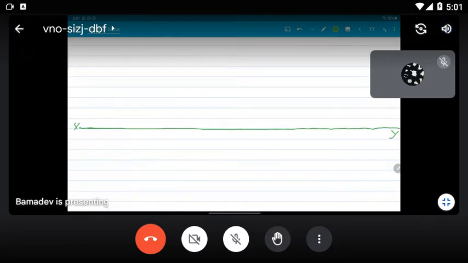Using the point projection, you draw the projection of point A. The location of point A is described, just tell me, with respect to horizontal and vertical plane. 30 millimeter in front of VP and 40 millimeter above HP. Very good.